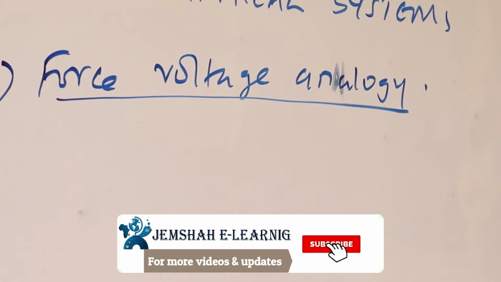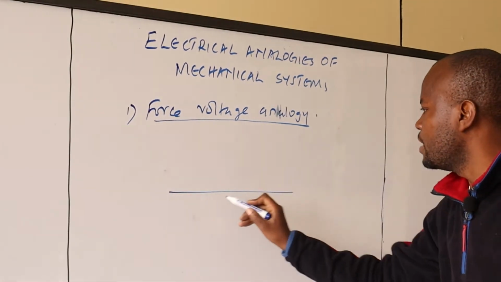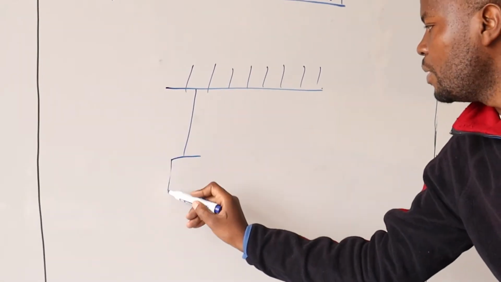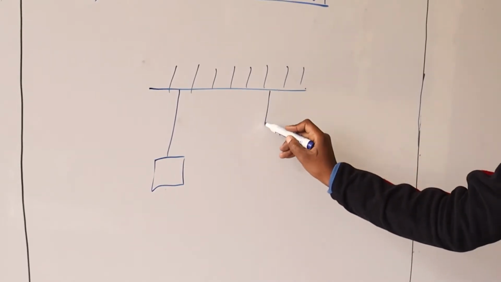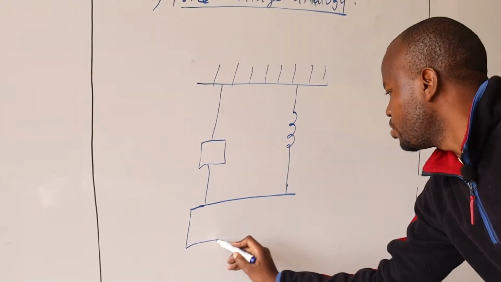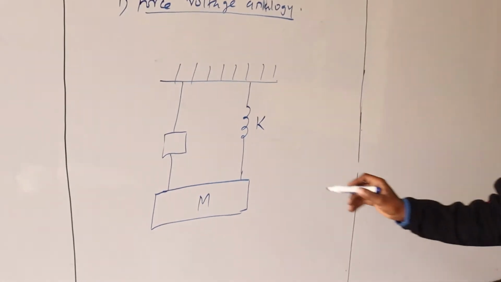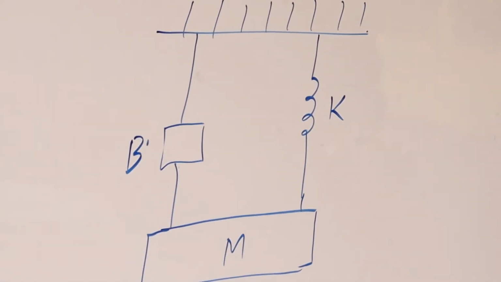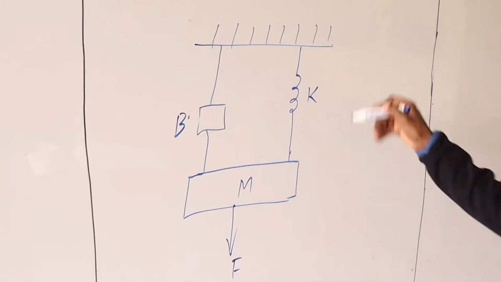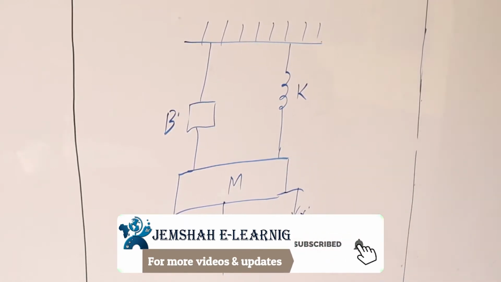We can do this by considering a translational mechanical system where one part is fixed, and from there we have a dashpot and a spring K, joined by a mass M. We call the dashpot B, though at times it is referred to as R. Then a force F is applied, and when it is pulled, the mass will move a distance x.